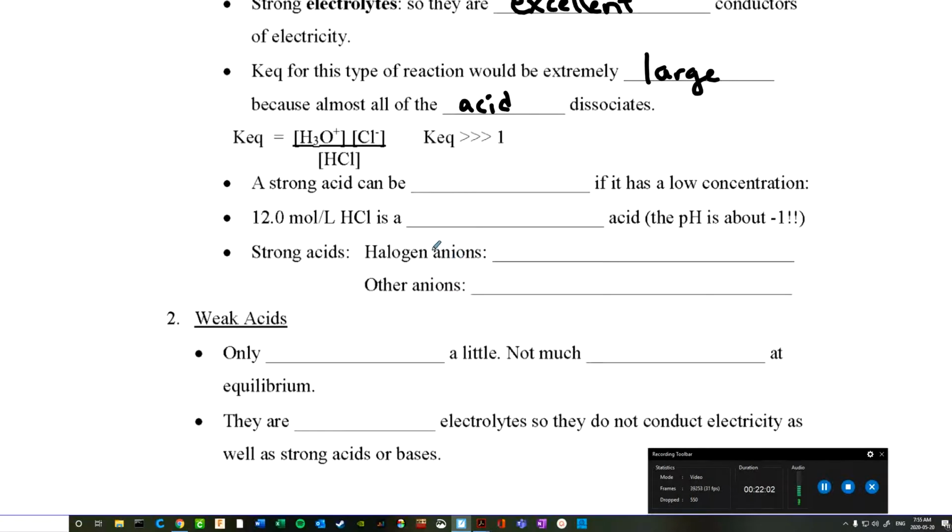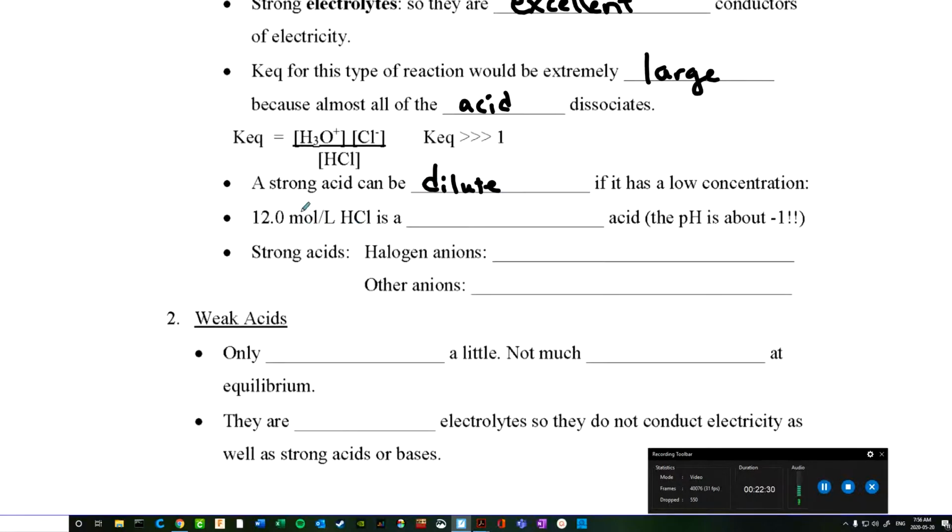So a strong acid, though, can still be dilute if it has a low concentration. So don't mix up the concept of a strong acid with the concept of concentrated. They're different things, right? So you can have a strong acid that's very dilute, right? If you just add a small amount of it to water.